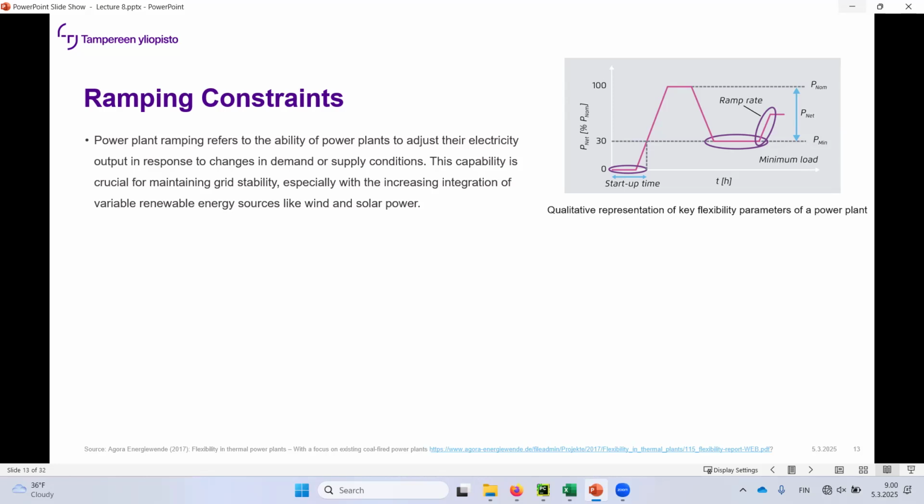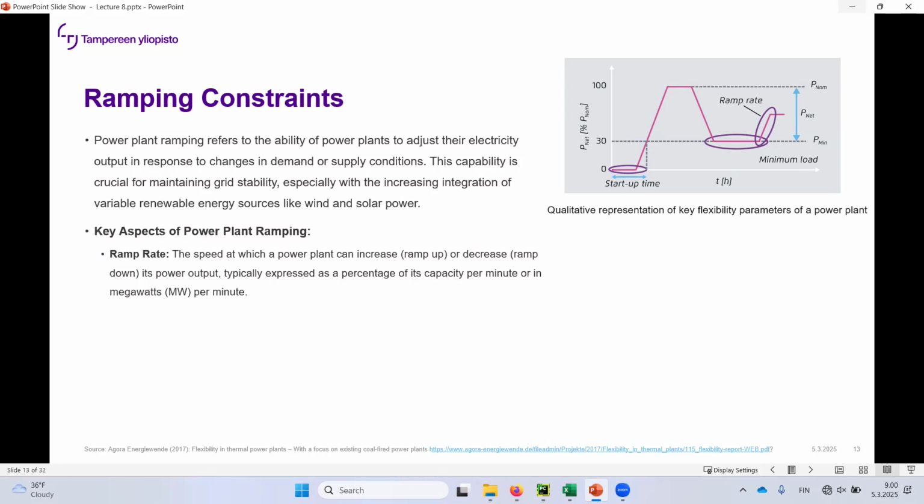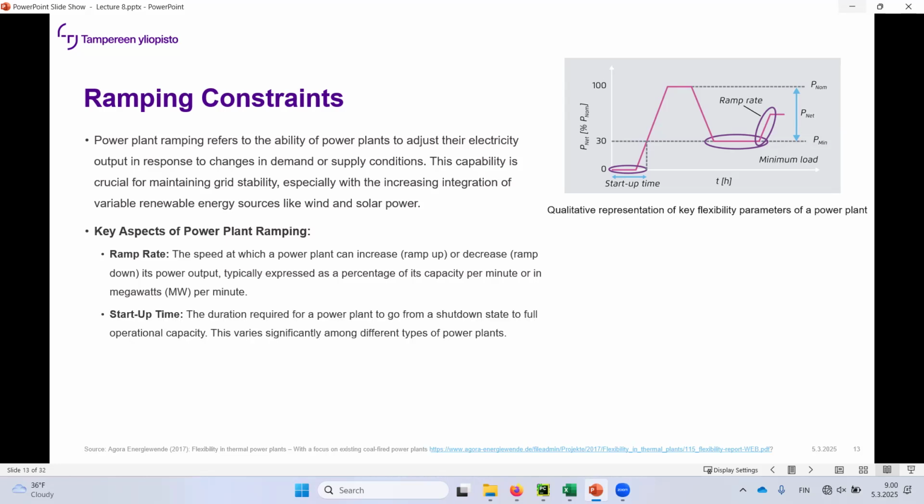Otherwise, it's really hard to kind of assess. But based on the plant type, you can use these average values. So ramp rate, the speed at which you can increase or decrease the power plant power. And startup time, duration required for a power plant to go from shutdown state to full operational capacity.